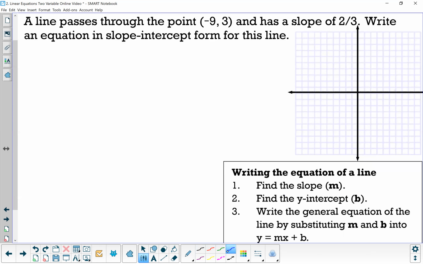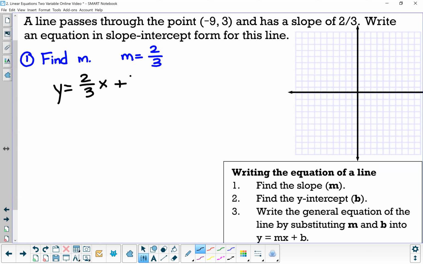So again, number 1, find the m value. And we have it. We have m equals 2/3. So far our equation is going to be y equals 2/3 x plus b.